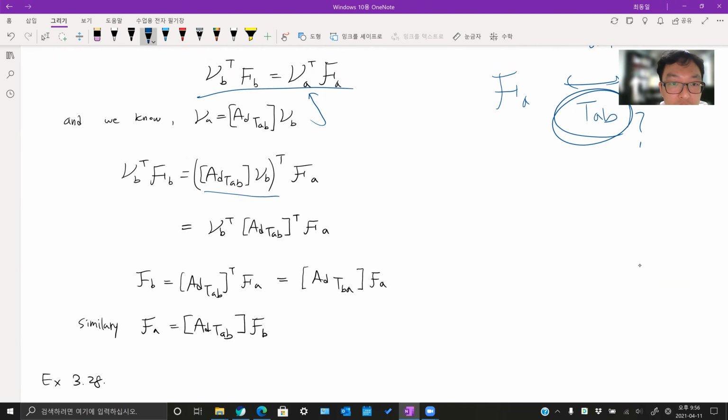By calculating this, we can make this equation. When the transpose goes into here, the position of these two things is changed, and we attach the transpose here and here, so it becomes like this. This is the general calculation method for the transpose.